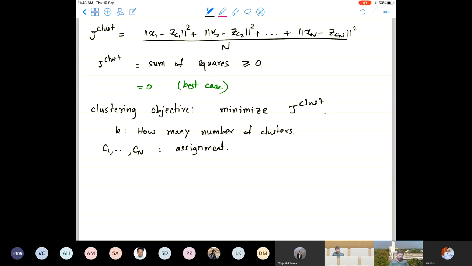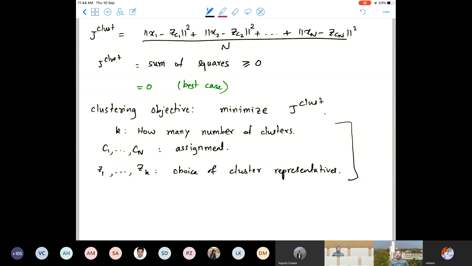And the third thing is Z1 up to ZK, which I will use. This Z1 up to ZK is the choice of cluster representatives. So these are the 3 variables that come into the picture.